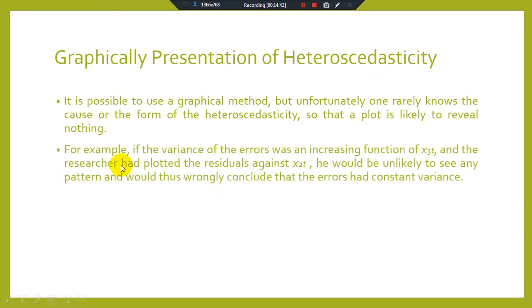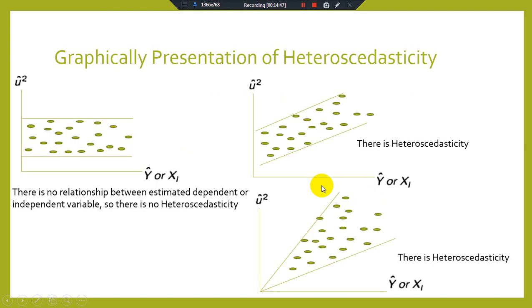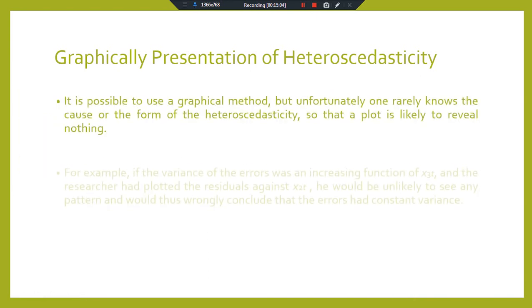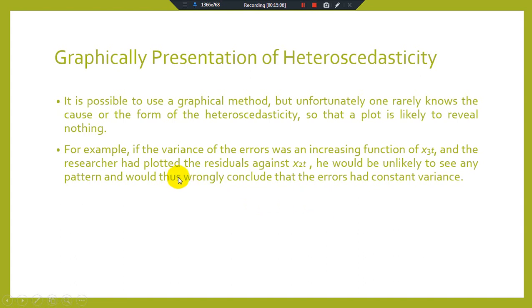For example, if we are plotting x1 or x3, but there is an exact relationship between x4 and x5 which is not included in the graphical presentation, we cannot give the exact relationship between the independent variable and our error term.